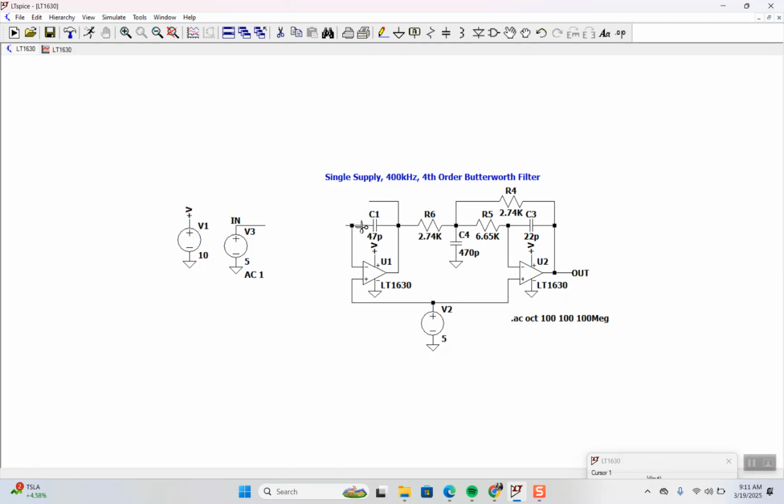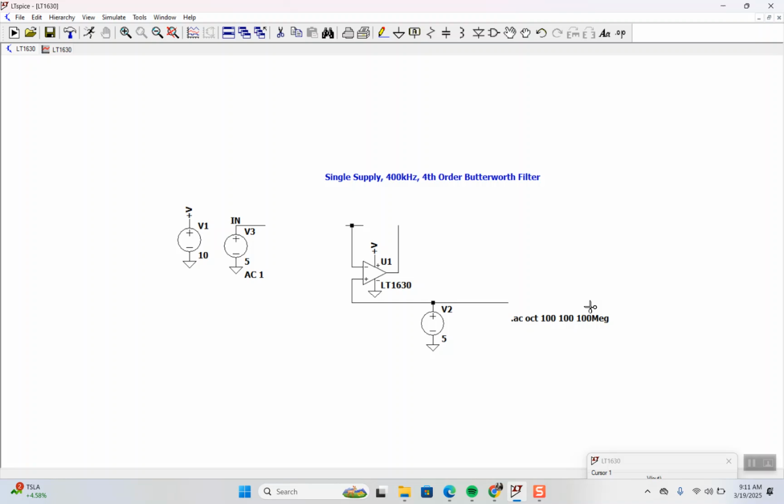So I'm just going to delete everything. And it's a single supply circuit, which takes a bit of explaining. So I'm going to change it back into a dual supply.